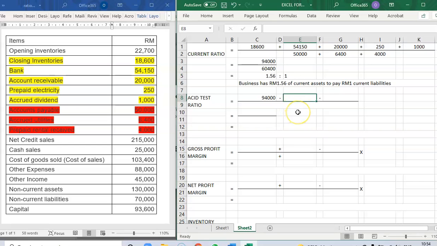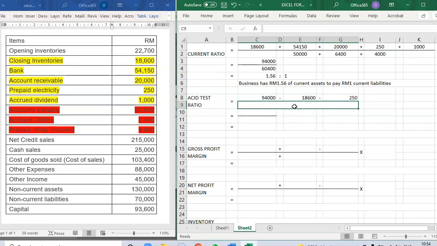Okay, so the closing inventories amount is 18,600, and the amount of prepaid expenses is only one prepaid expenses, that is prepaid electricity. And sometimes you have 2 or more prepaid expenses, so you need to total them up. So you only have one prepaid expenses, that is prepaid electricity, that is 250.